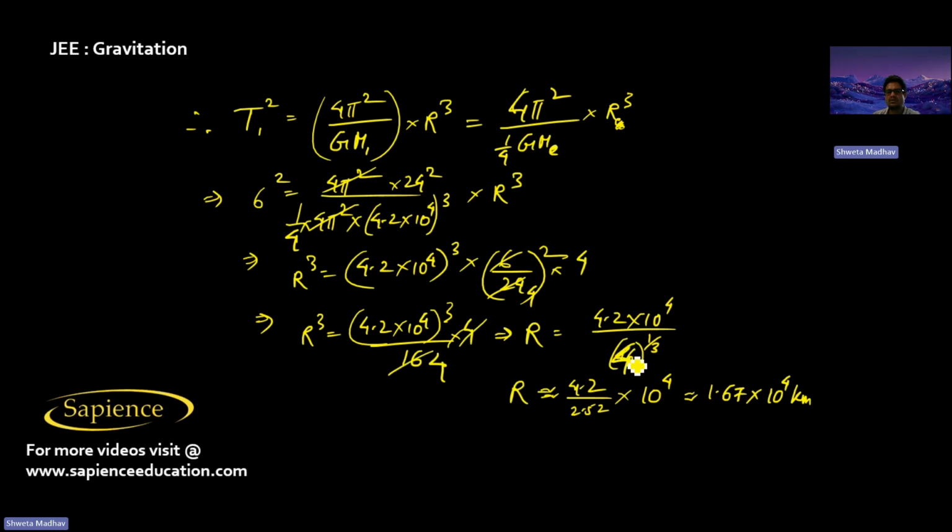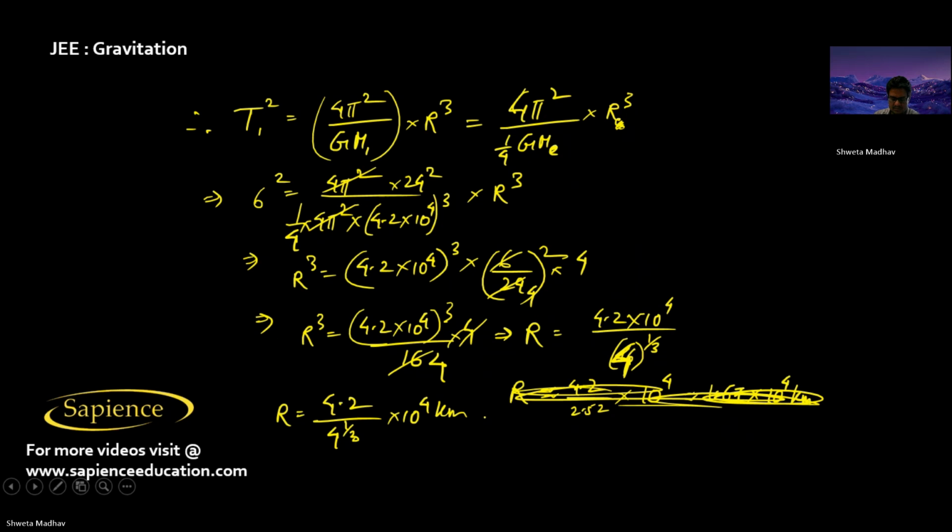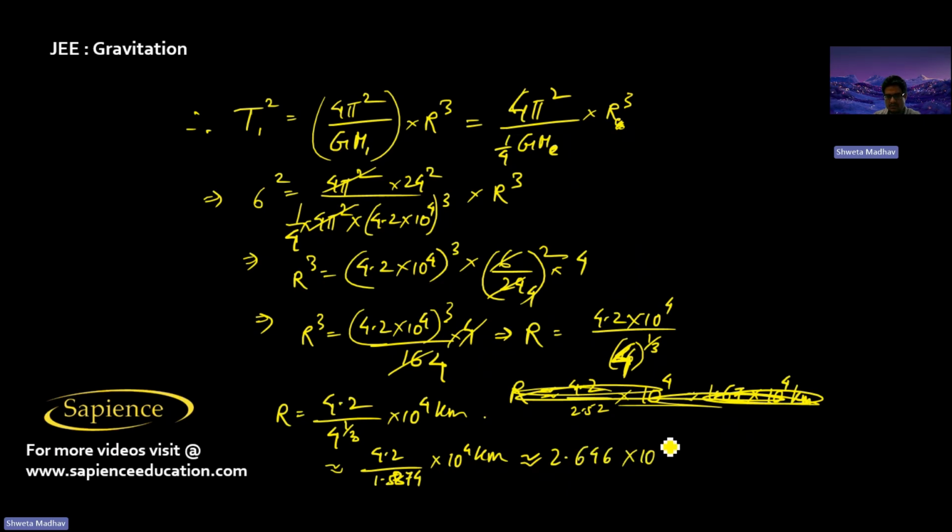So we have to take 4 cube root of 4 actually. So R will be equal to 4.2 by cube root of 4 into 10 power 4 kilometers. Cube root of 4 is approximately 1.587, so 4.2 divided by 1.5874 is approximately 2.646 into 10 power 4 kilometer.